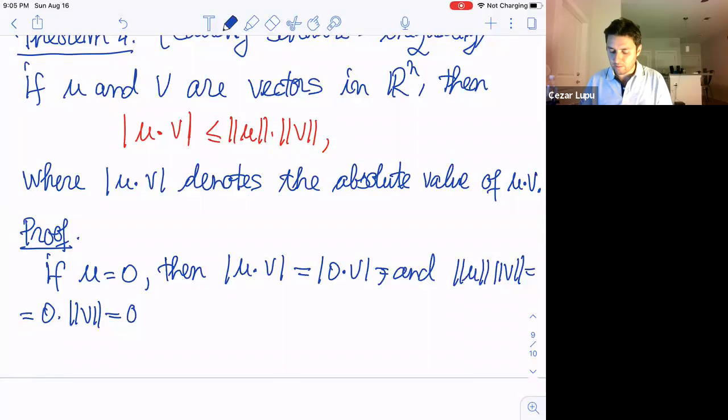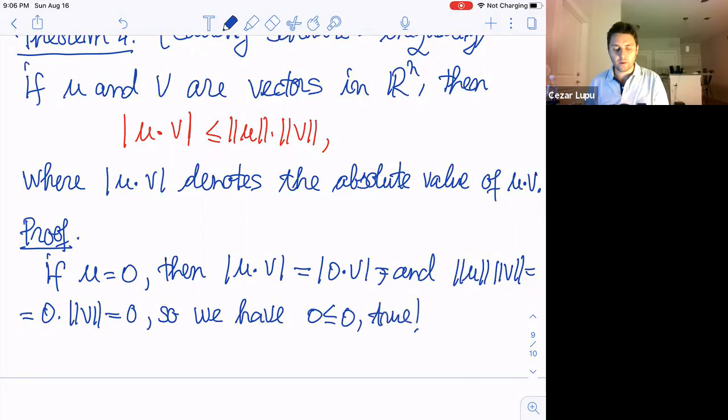So we have equality: 0 less or equal than 0, which is true. In fact, we do have equality. Okay, this is what happens if one of them is 0.